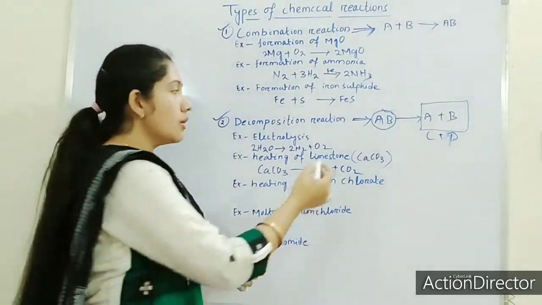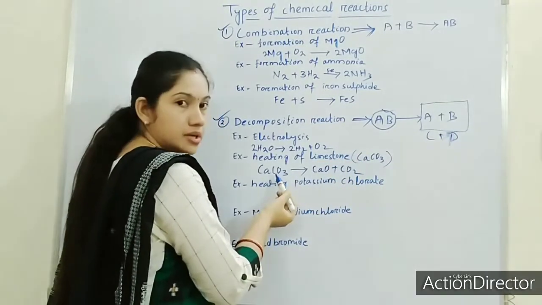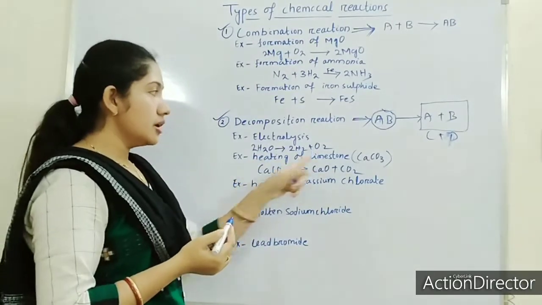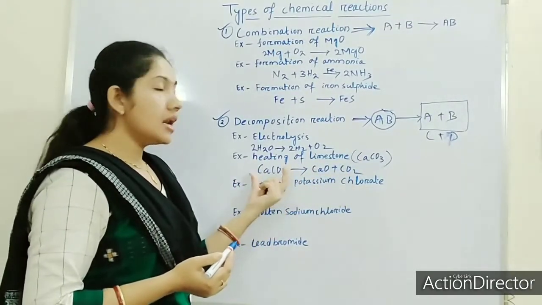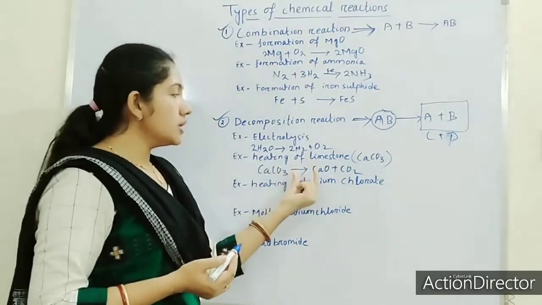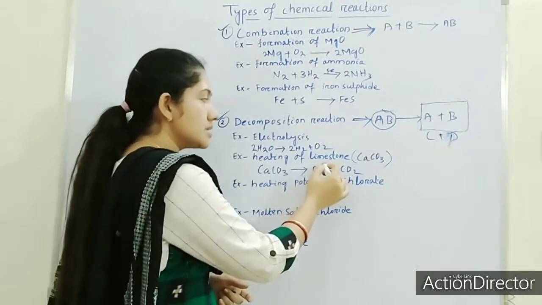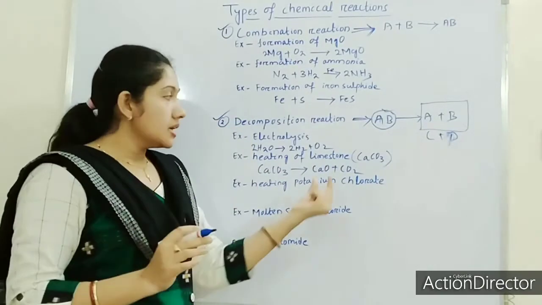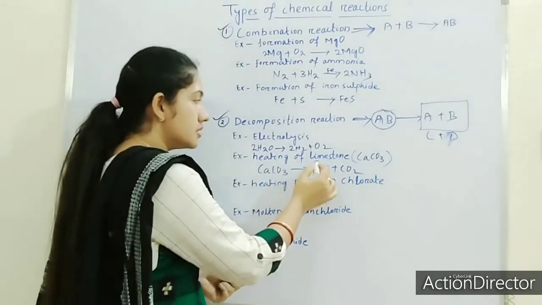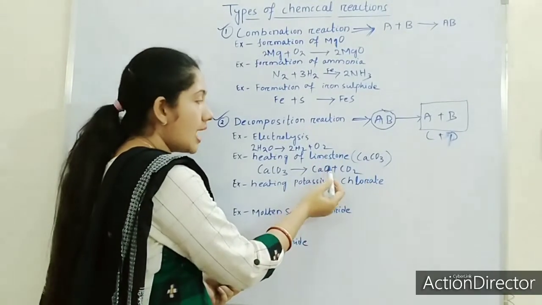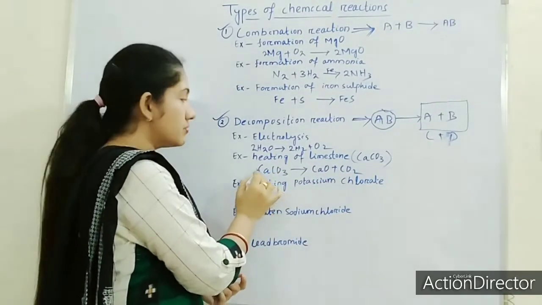Got it? When calcium carbonate undergoes a decomposition reaction on heating, when we heat limestone or calcium carbonate, it will decompose into calcium oxide and carbon dioxide. Here you can see the elements produced are the same as those in the reactant.